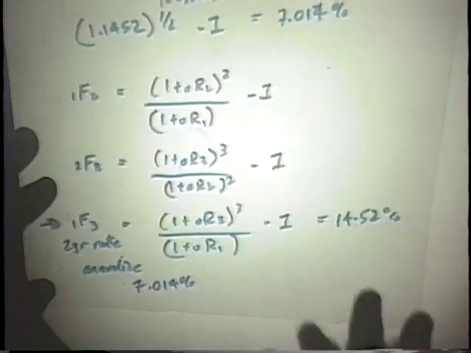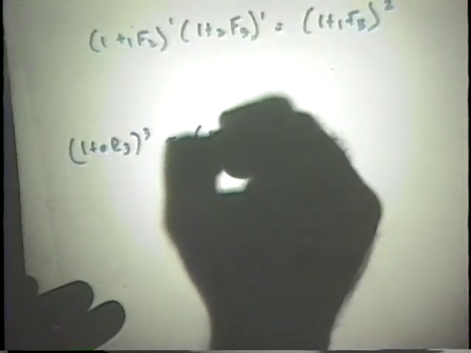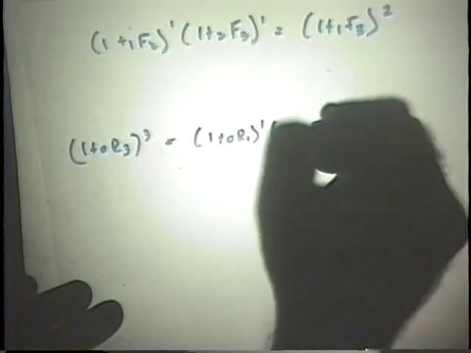So let's write that out more precisely. When in doubt, go to the original formula. It's 1 plus 0R3 cubed equals 1 plus 0R1 to the power of 1 times 1 plus 1F3 to the power of 2. Right?